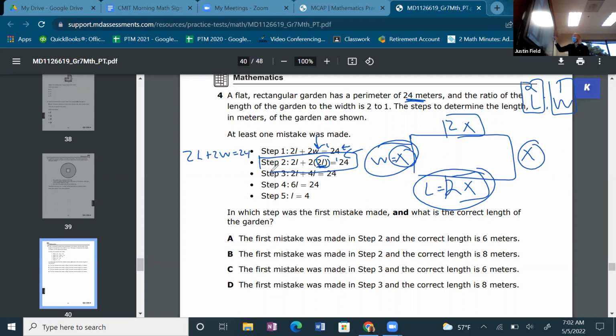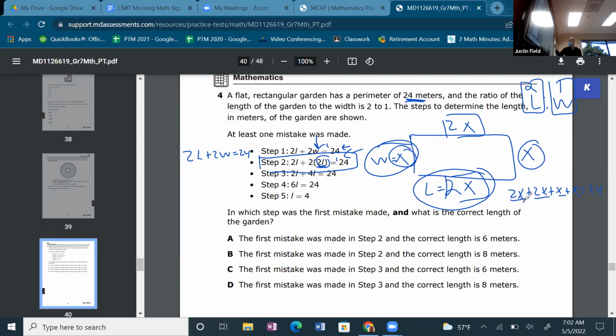If we know the perimeter is 24, we can add the sides together and we get 24. Okay, then what can we do with these terms here: 2x, 2x, x, and x? Are those like terms? Can you combine them? What is 2 plus 2 is 4, plus 1 is 5, plus 1 more?